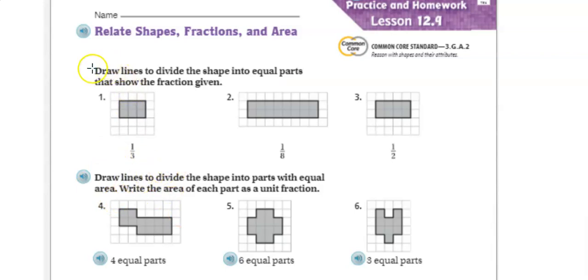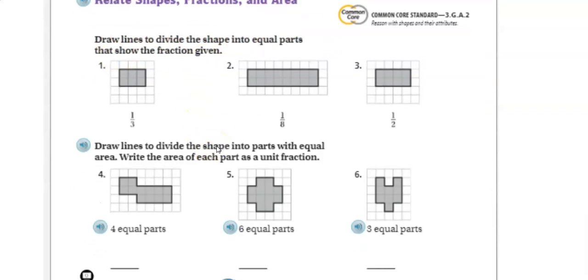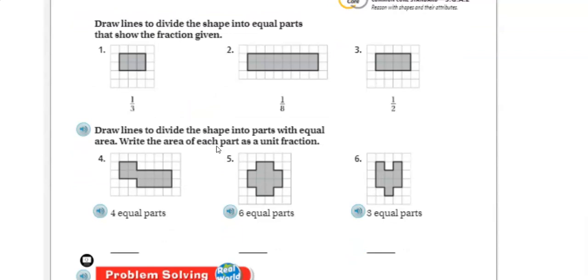All right, so you can see draw lines to divide the shapes into equal parts. We've done this multiple times, so hopefully you were able to use division and multiplication to get your answer. And you should have been dividing these along the lines here so that you could see 1/8 here, 1/8 here. This, you could divide this right in half here. This one, 4 equal parts. Hopefully you drew like little lines like this. So you had 4 equal parts.